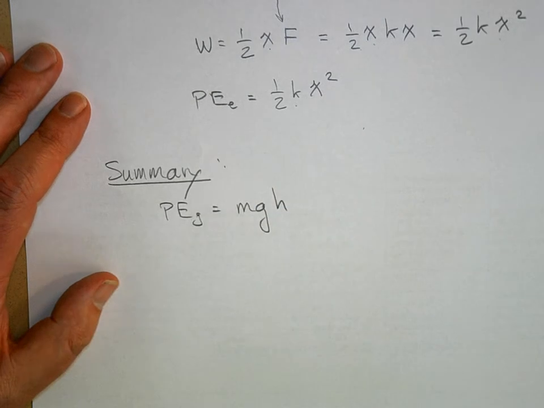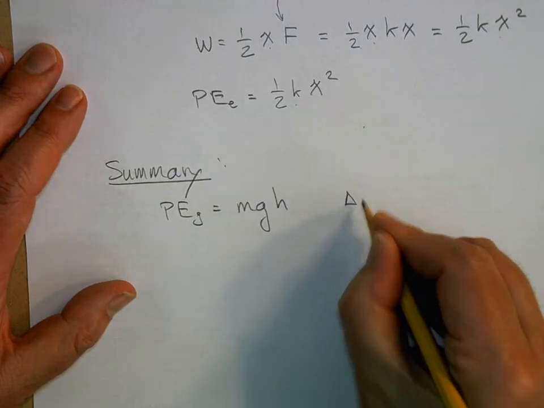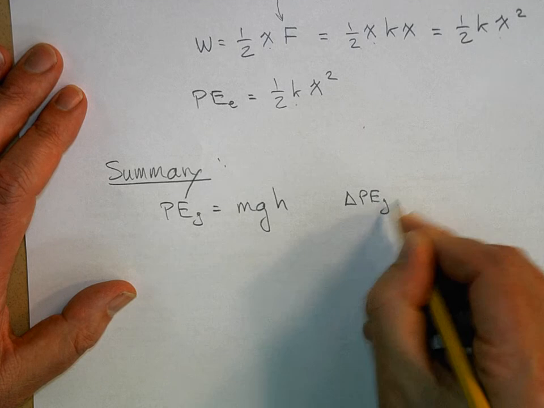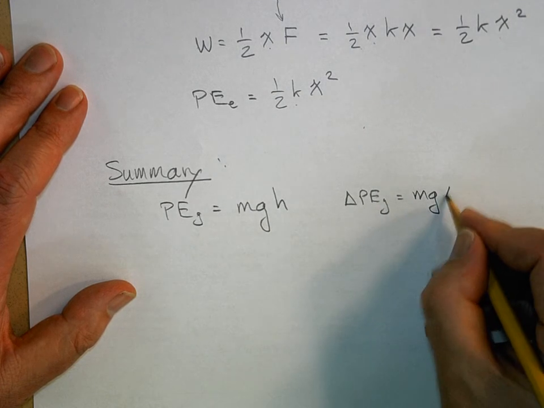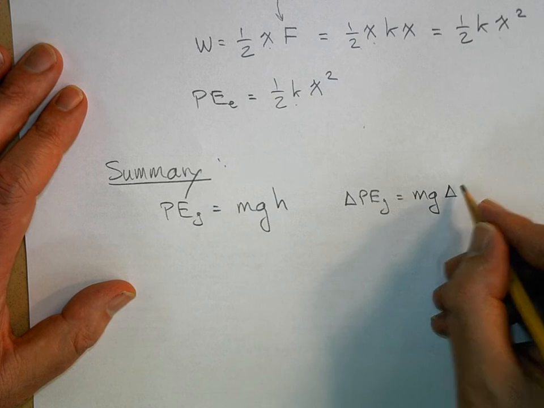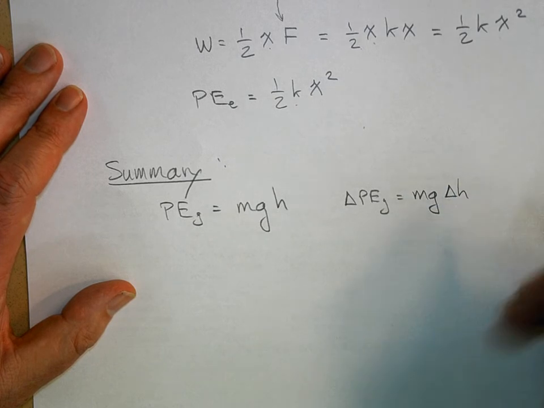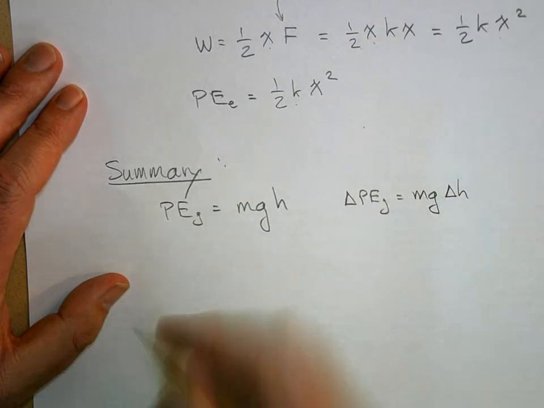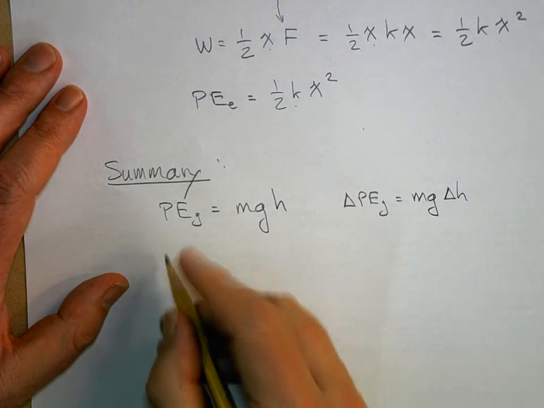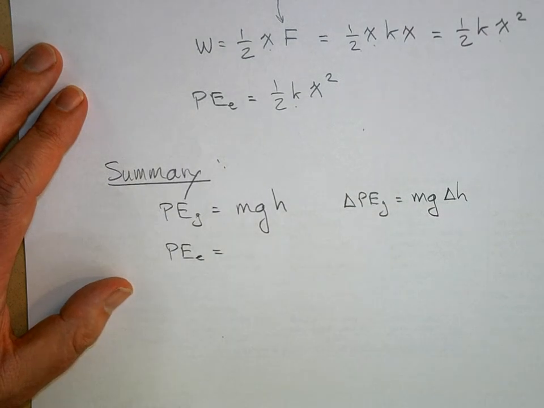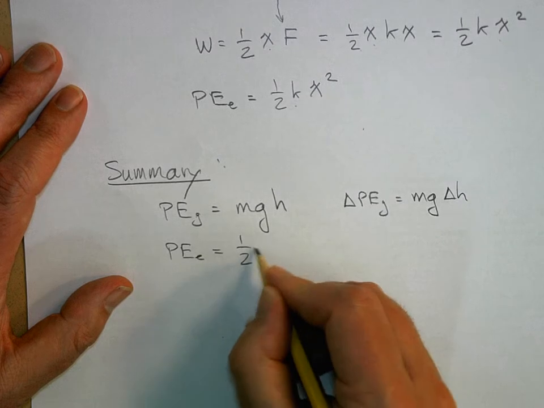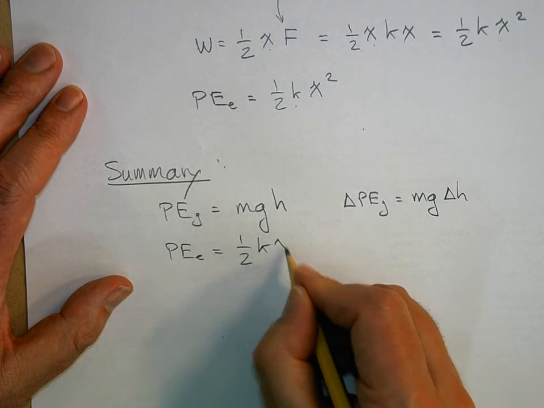If you want the change in the potential energy, you go mg delta h. That'll work. Oh, I'm going to have to actually teach something slightly new. If we have the elastic potential energy, it's equal to 1/2 k x squared.